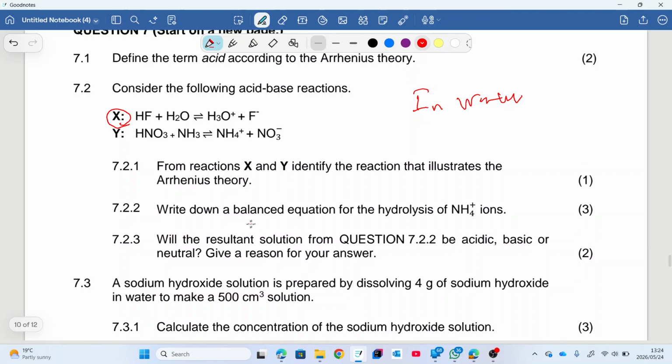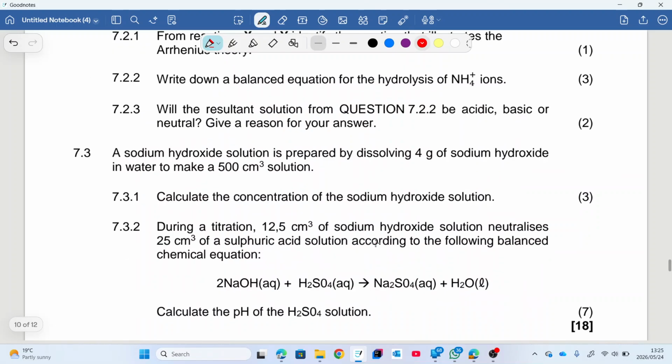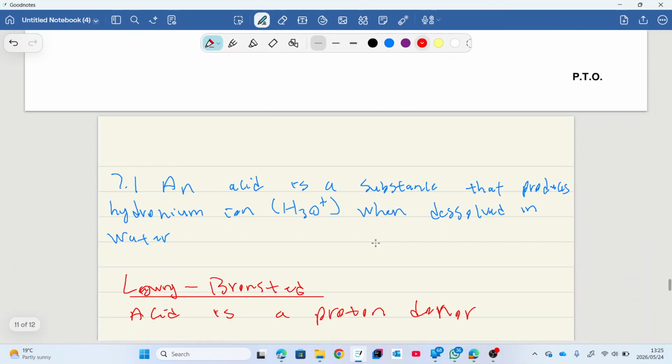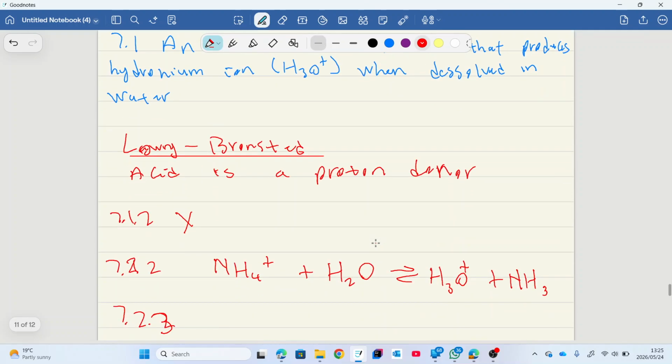Okay. Will the resultant solution from question 7.2.2 be acidic, basic, or neutral? Let me see. Where's my reaction now? See, now they're becoming tricky. They want me to judge my own reaction.